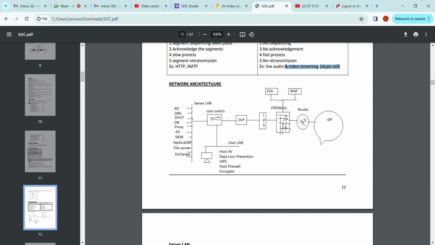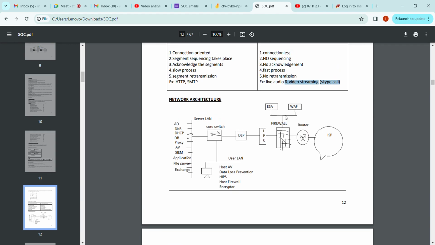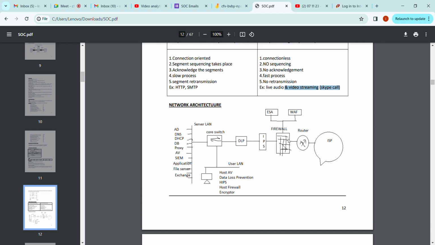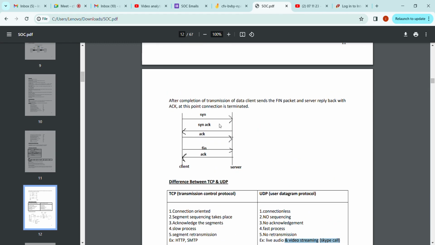And if you determine that the activity is suspicious or malicious, then you need to break that communication or establishment with that end user, or end services, or end server, and mitigate it. So you need to break this three-way handshake.